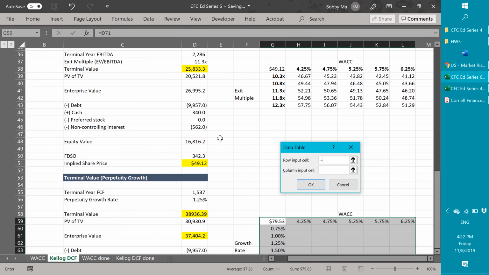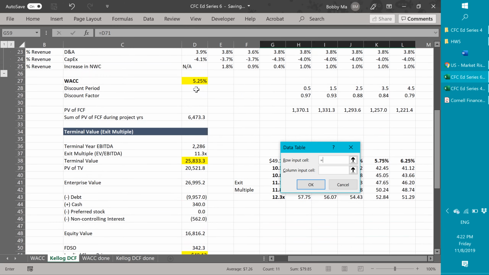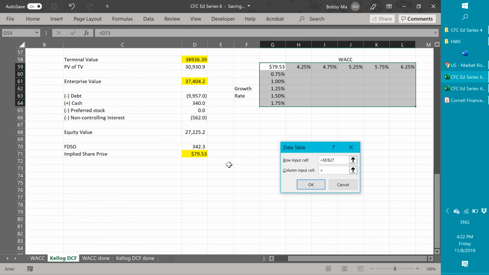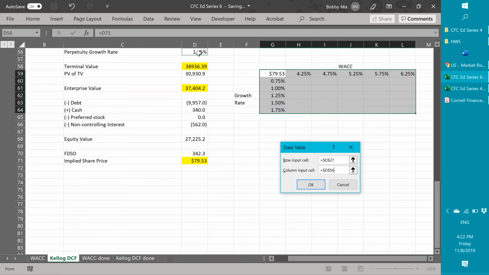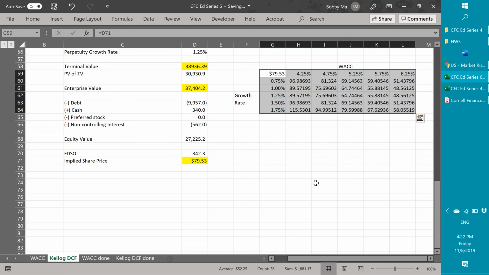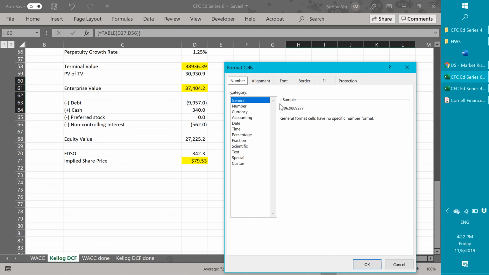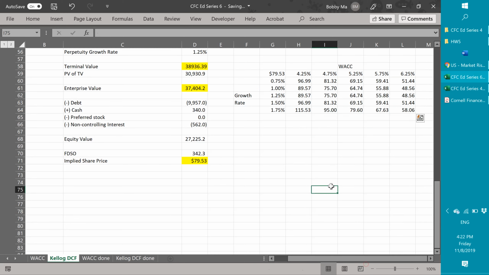So that's 4.25 to 6.25%, and that's your WAC. And then your column input cell for this one is your perpetuity growth rate, which is 1.25%. And then you click OK. And then you make the numbers look better.